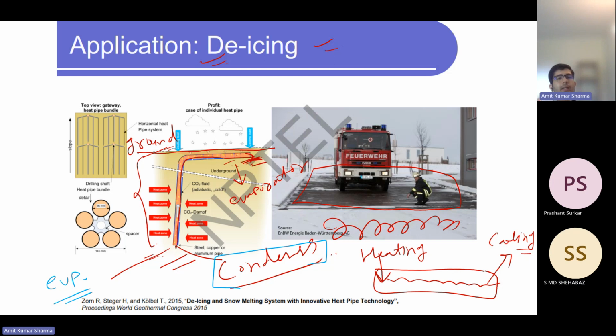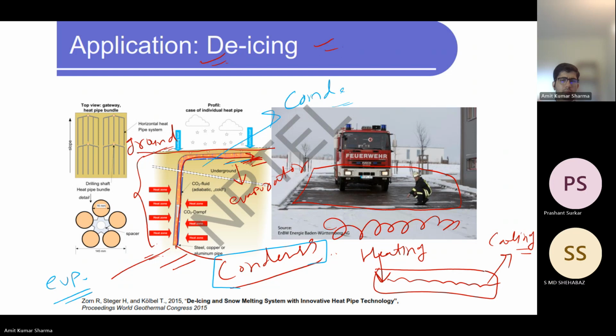So basically you are saying that the top part should be the condenser. Yes, sir. So if this is the condenser, then how will the ice melt? Sir, it changes to cold now, sir. Cooling takes place; before, it was in the evaporator. By the climatic condition of the surface, it goes to condenser, sir.